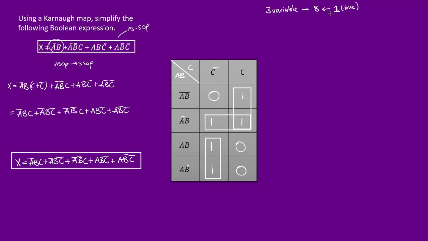So it would be 1, always true, if everything in my 3-variable Karnaugh map was high.